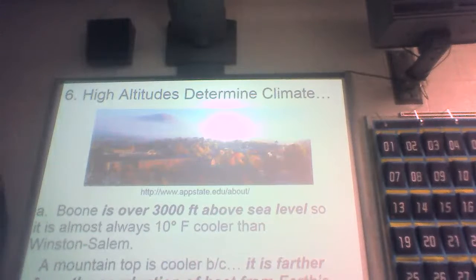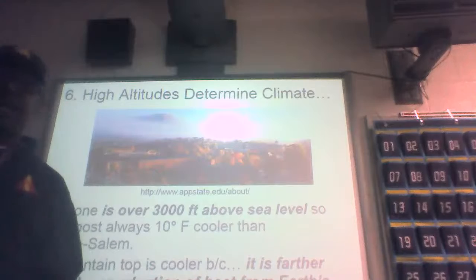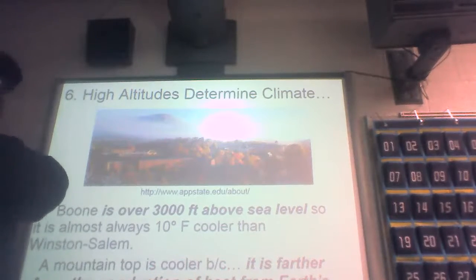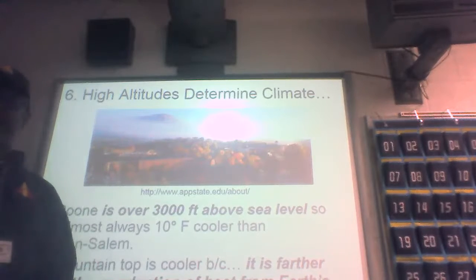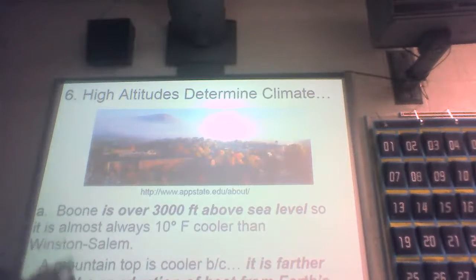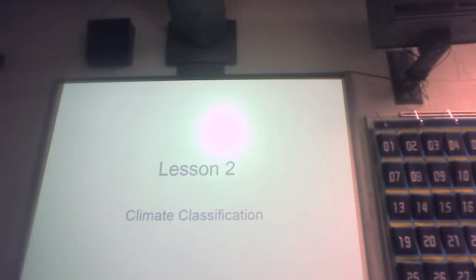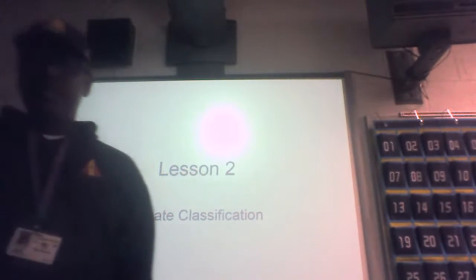Now, for purposes of testing, you just need to know that Boone is so much higher above sea level that there are different temps because of that. And you can notice that if you're in Winston-Salem and you're moving toward Boone, you can actually feel the temp change.